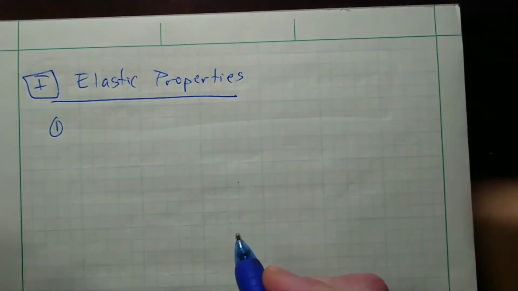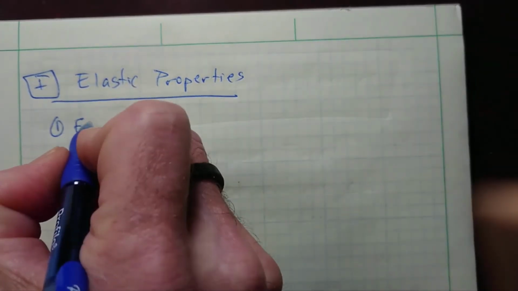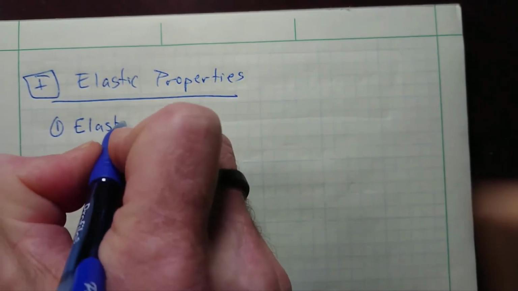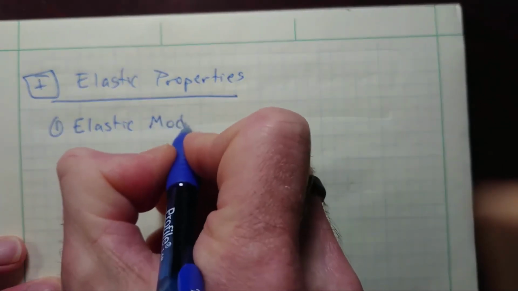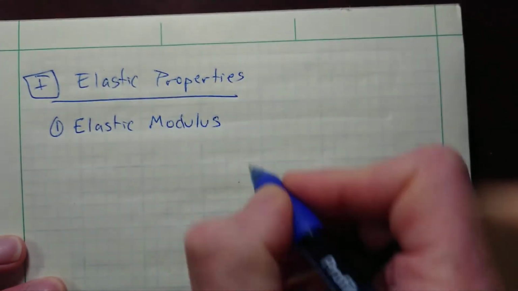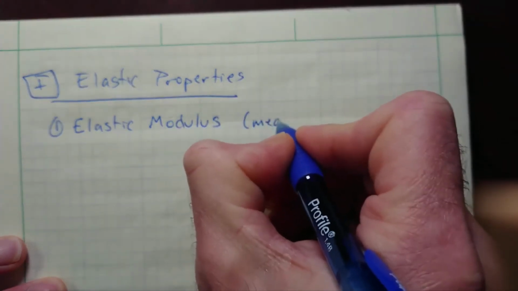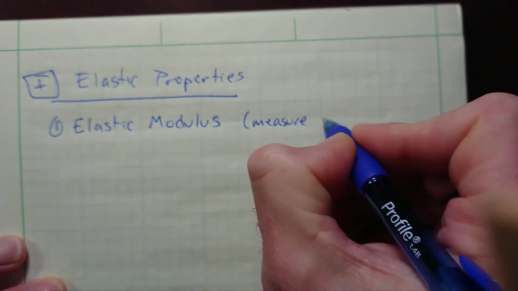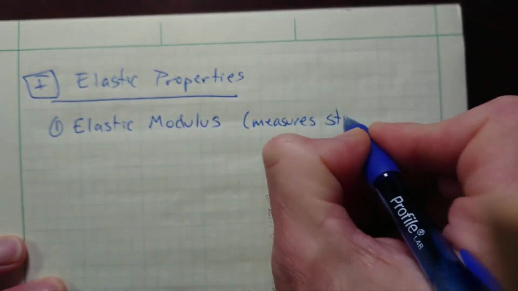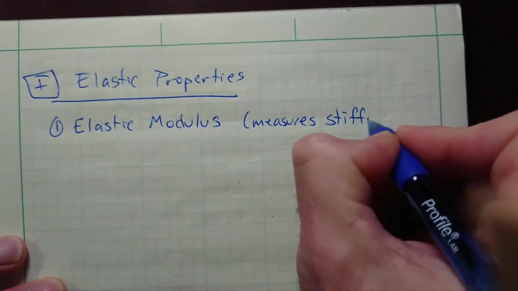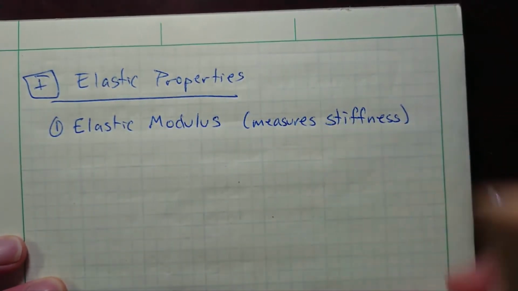Okay, the big one, the one that we all love, is the elastic modulus. And elastic modulus is a measure of stiffness.